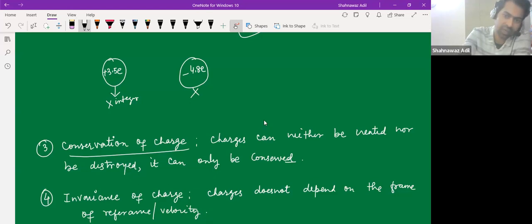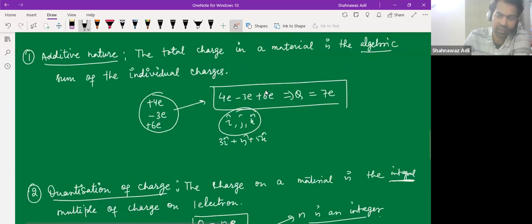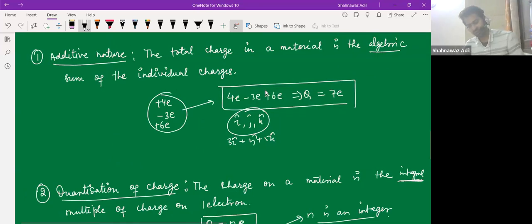Please note it down, and then we will understand about the next important property of the charge, right?